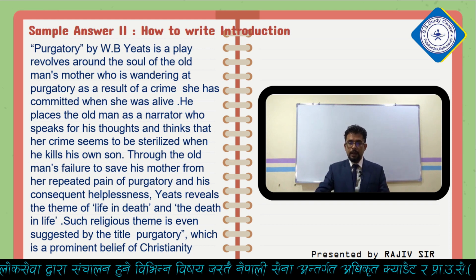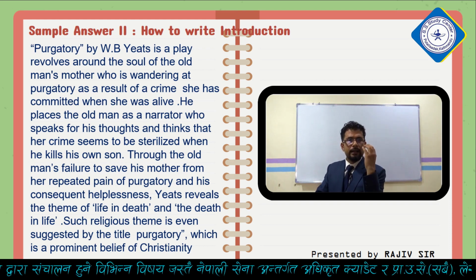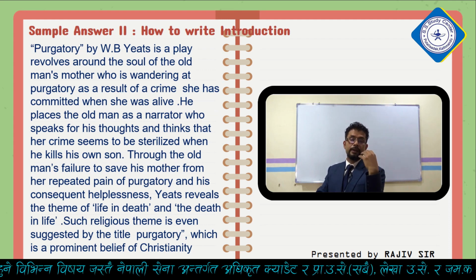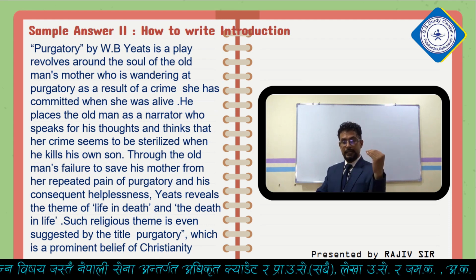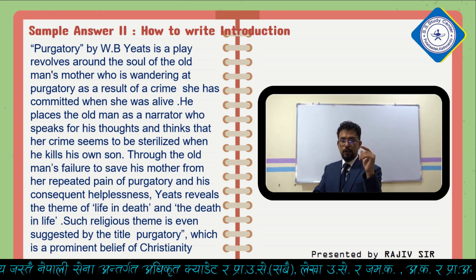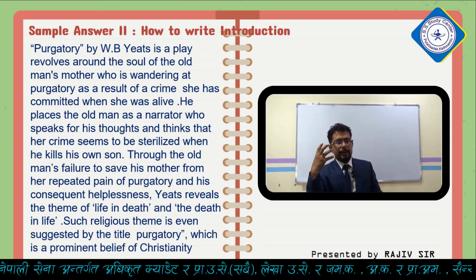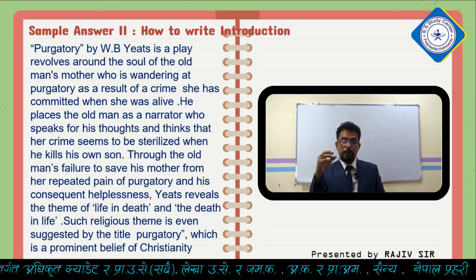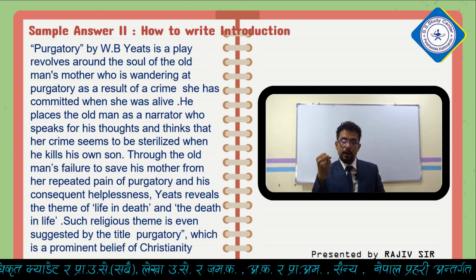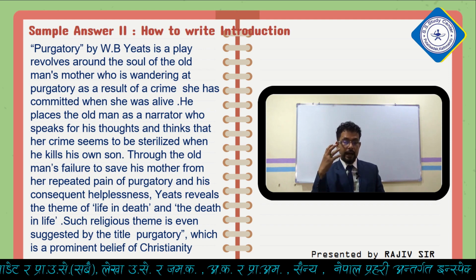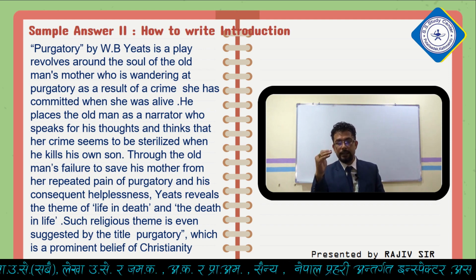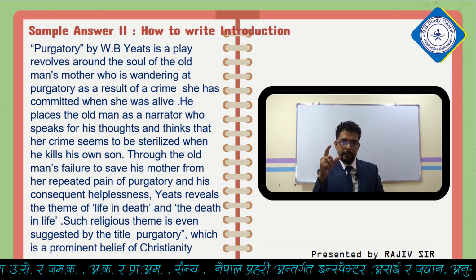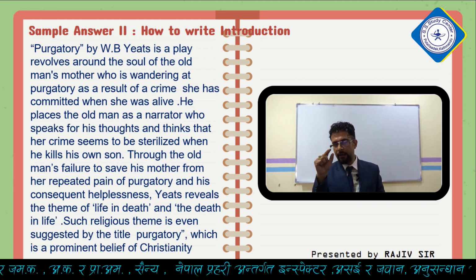his thought and thinks that her crime, his mother's crime, seems to be sterilized when he kills his own son. Through the man's failure to save his mother from her repeated pain of purgatory and his consistent helplessness, W.B. Yeats reveals the theme of life in death and death in life.